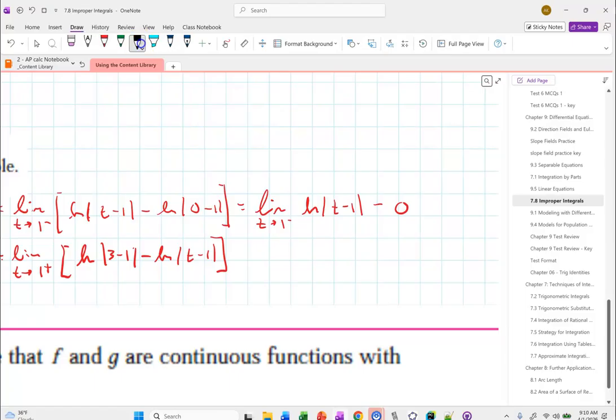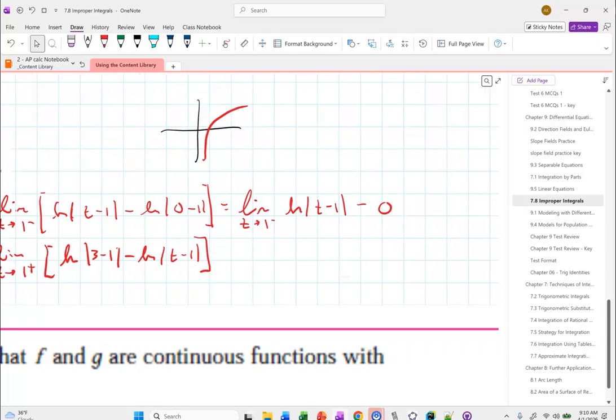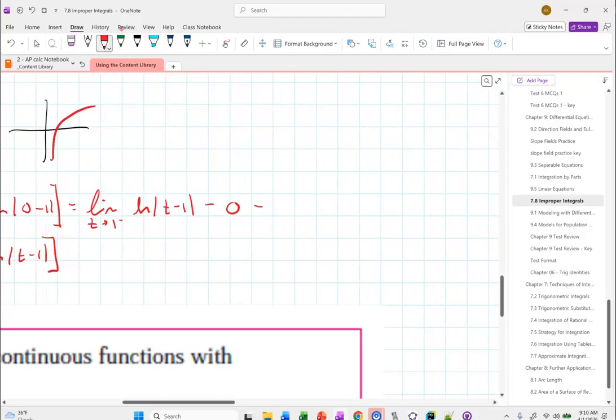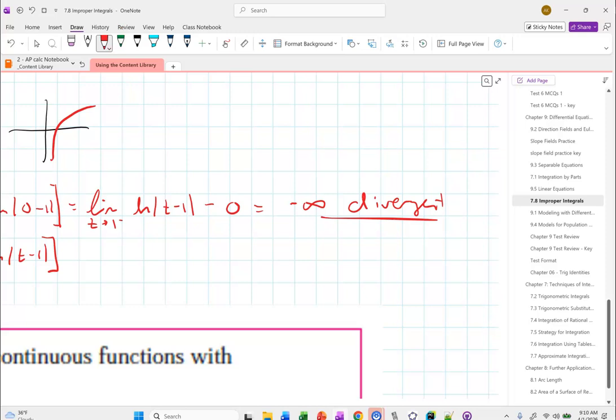Think about, what does the graph of the natural log look like? Right? Looks like this, when we're going to 0 from the left. And this is automatically, I can say, divergent, because I have one part that's infinite, right? Is that okay? I think. Let me double check that.